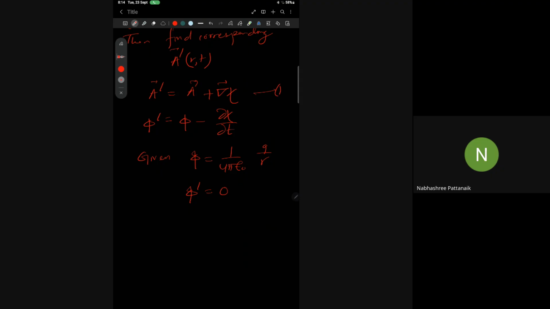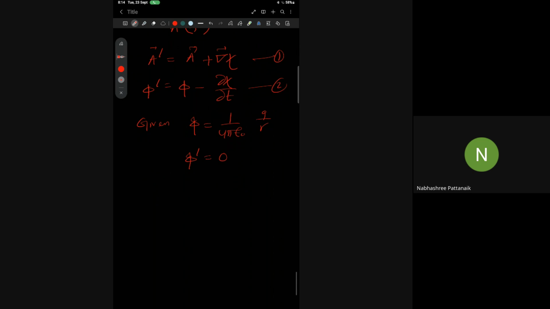Then we will use equation 1 and equation 2. In equation 2, phi prime is equal to 0, so 0 is equal to 1/4 pi epsilon naught q by r minus del chi by del t. Yes. This implies del chi by del t is equal to 1/4 pi epsilon naught q by r.